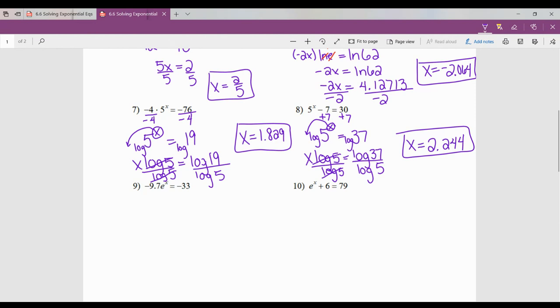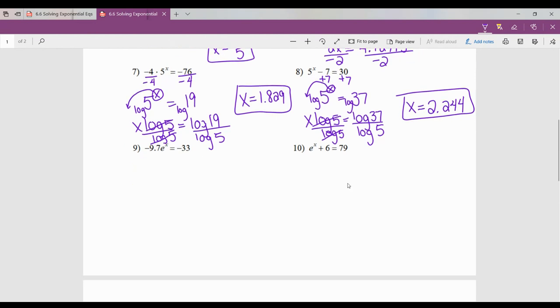All right. So now we've got, for 9 and 10, I see e. So those are my special exponential equations. But I've got something outside of the e to the x. So I want to get rid of that thing that's on the outside of e to the x. So I am going to divide both sides by -9.7.